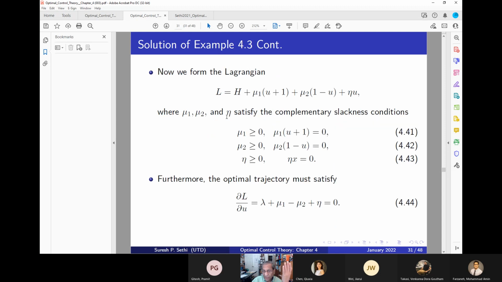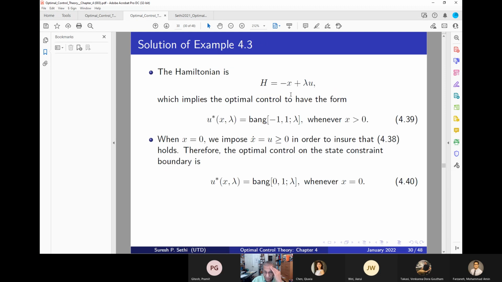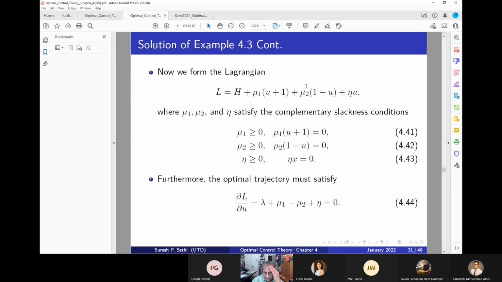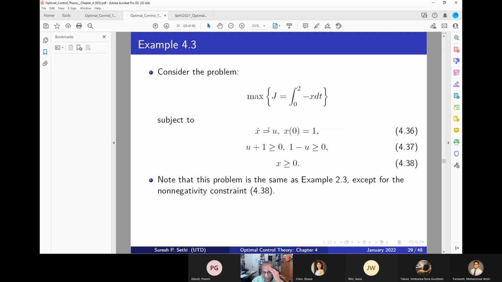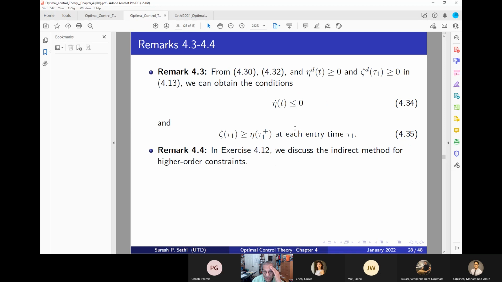Lambda dot can change if it had some other things. For example, if I had lambda here, well, this is the derivative of x. If I had a constraint, eta is on x dot, right? But x dot may have an x term in there. I mean, h1, for example, will have an x term in there.